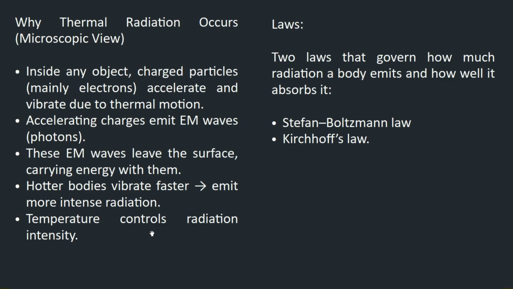Temperature controls radiation intensity. These are a set of points actually. The why part was till here, and this is a note part. My bad, I should have edited it properly. So this is the why part, and this is a small note. A hotter body vibrates faster, so it emits more intense radiation than a cooler body, and the other way around.